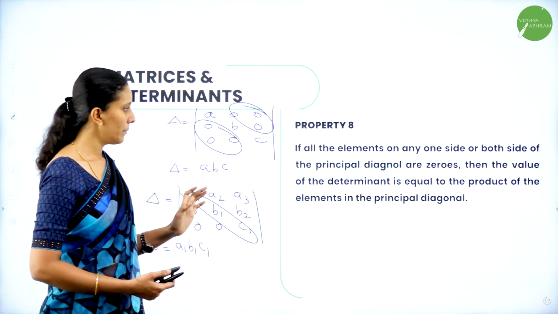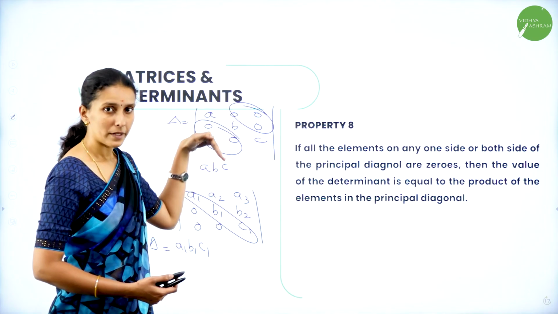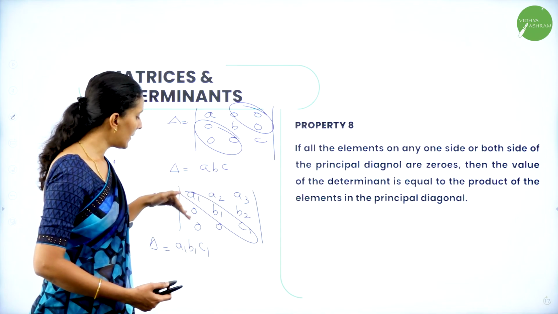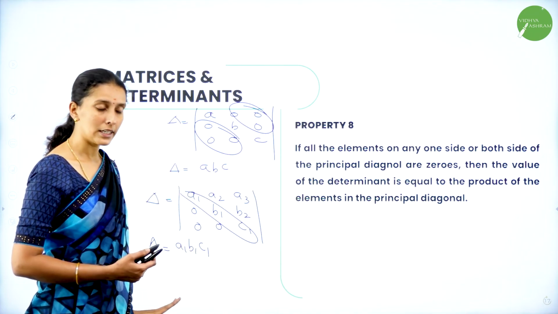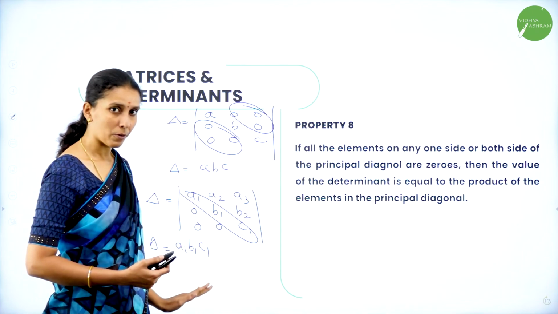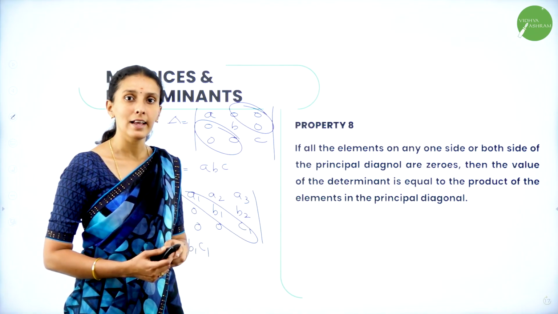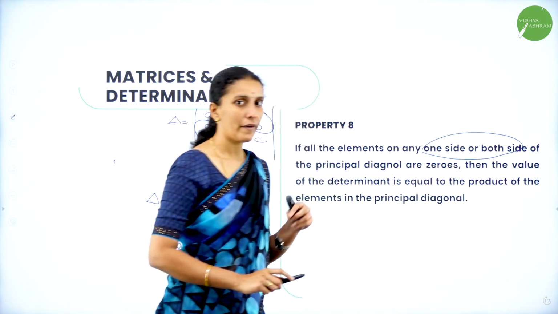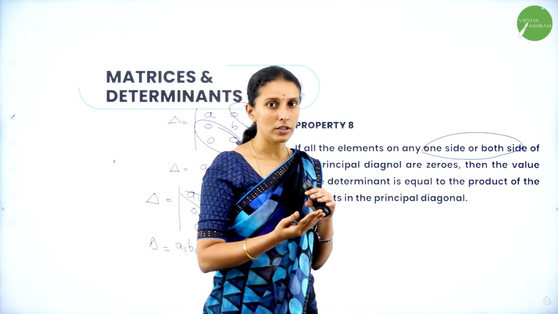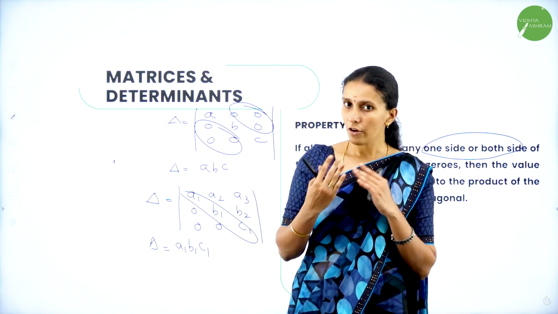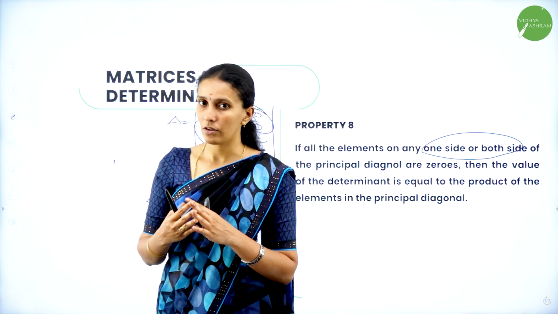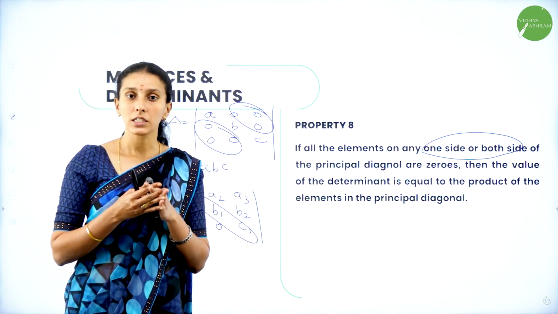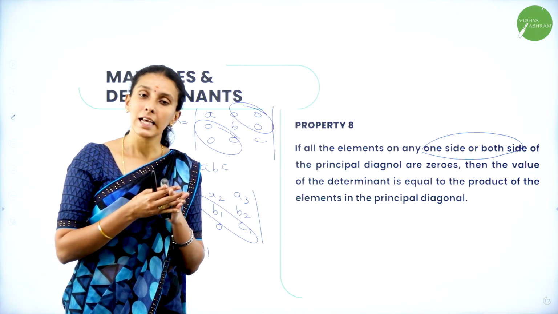Wherever you find the elements above or below the principal diagonal are 0, that is, on one side you have elements and on the other side the elements are 0, you can clearly write the delta as a product of the principal diagonal elements. Since the condition is one side or both sides, if you find the elements on both sides or on any one side of the principal diagonal are 0, you can write the value as A into B into C, that is, the product of the principal diagonal elements.